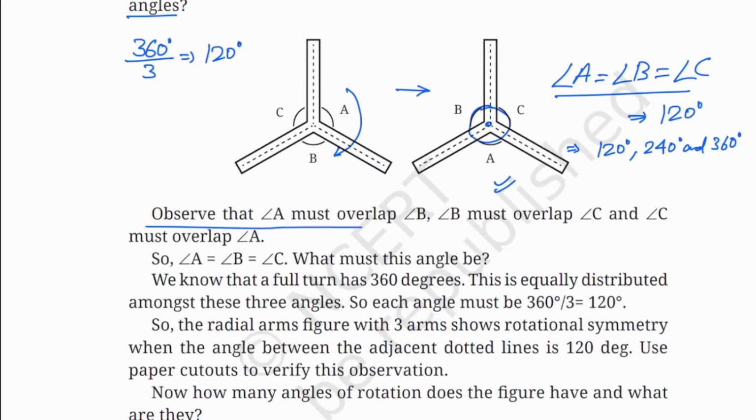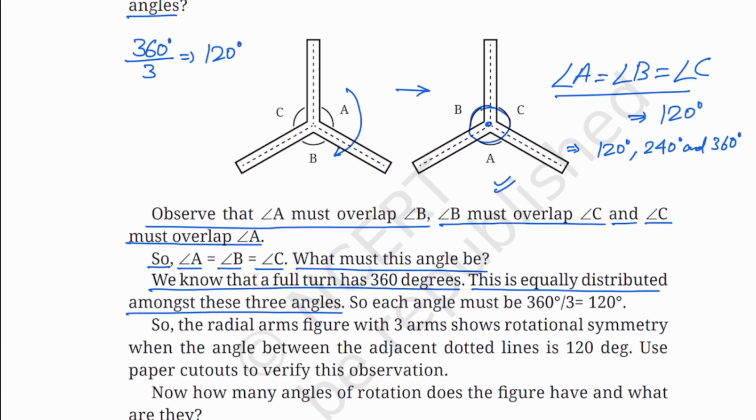Observe that angle A must overlap angle B, angle B must overlap angle C, and angle C must overlap angle A. So angle A is equal to angle B is equal to angle C. What must be this angle B? We know that a full turn has 360 degrees. This is equally distributed amongst these three angles.